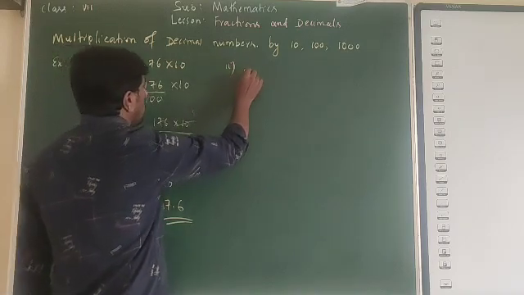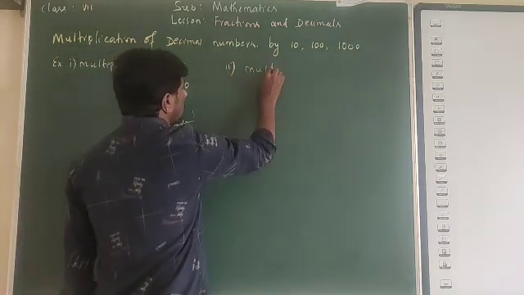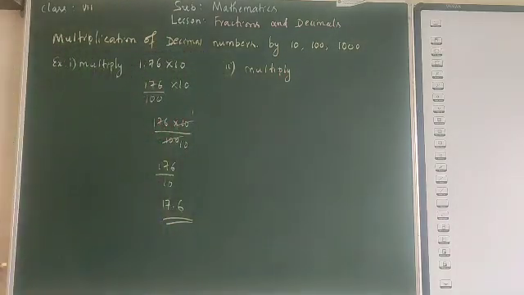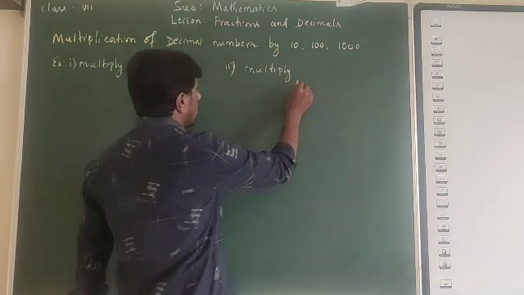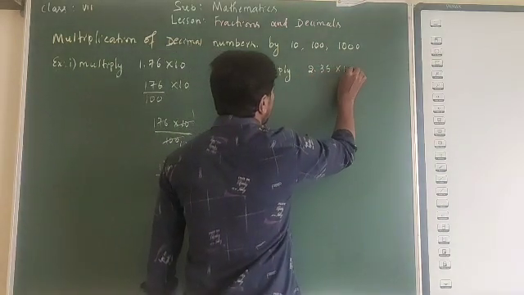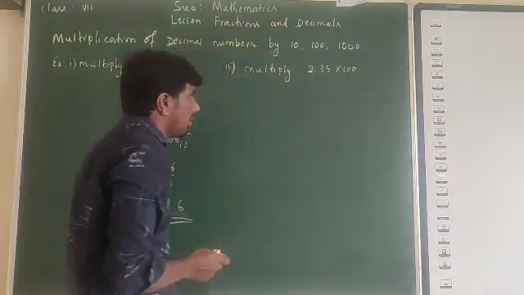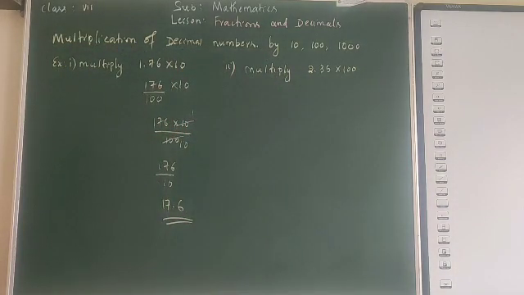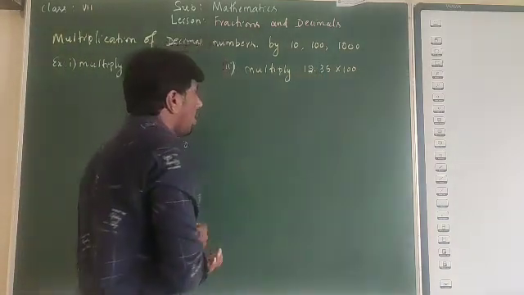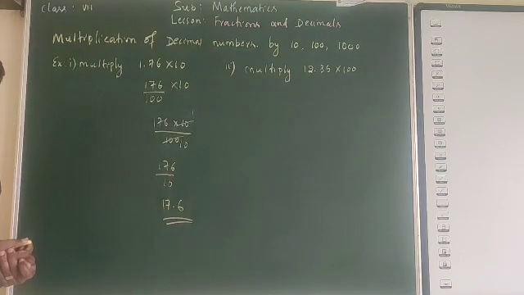Second one, multiply 2.35 into 100. Or otherwise, we take it as 12.35 into 100.